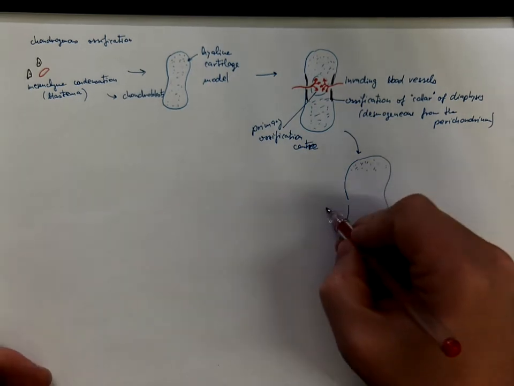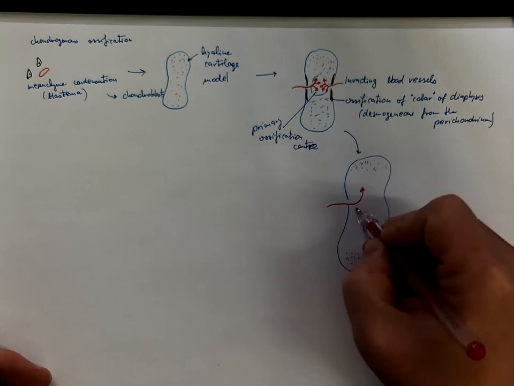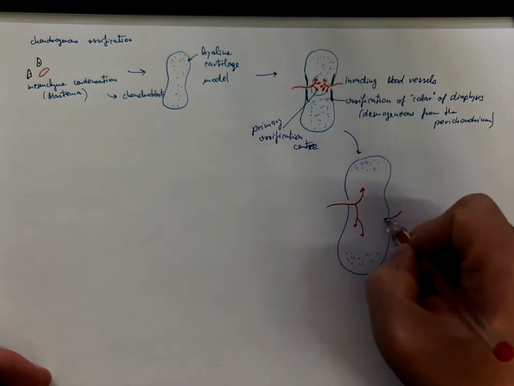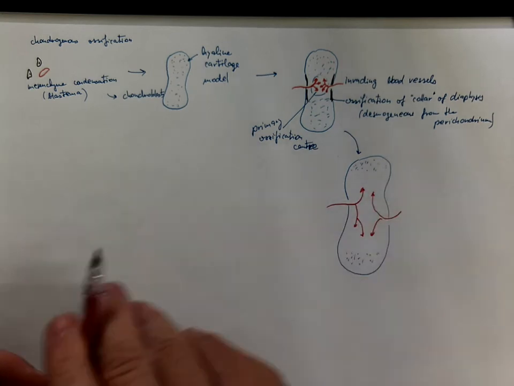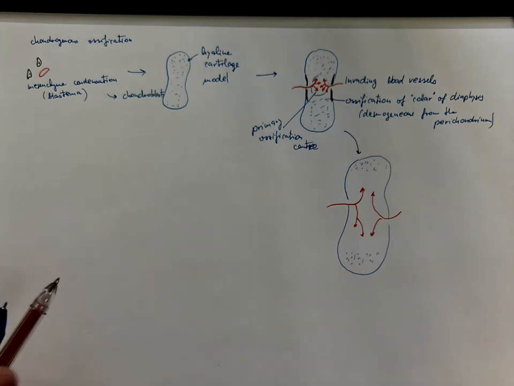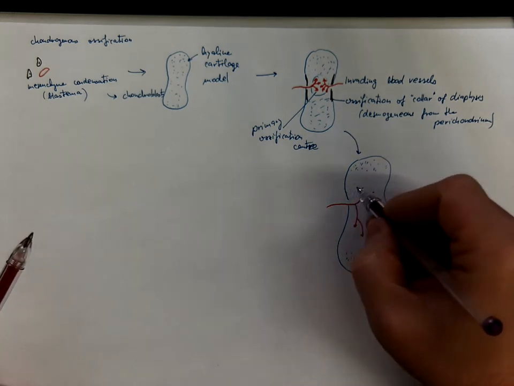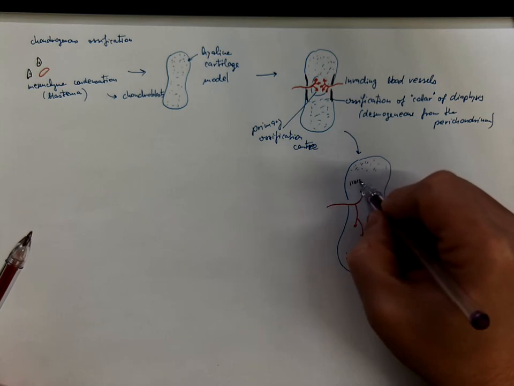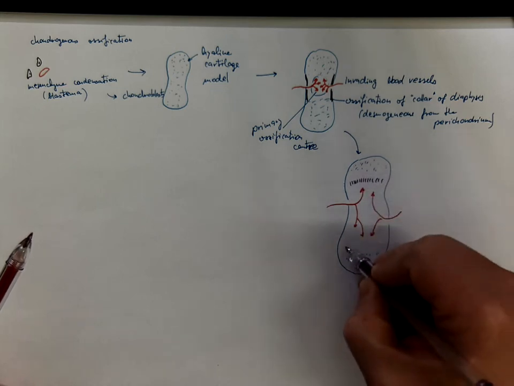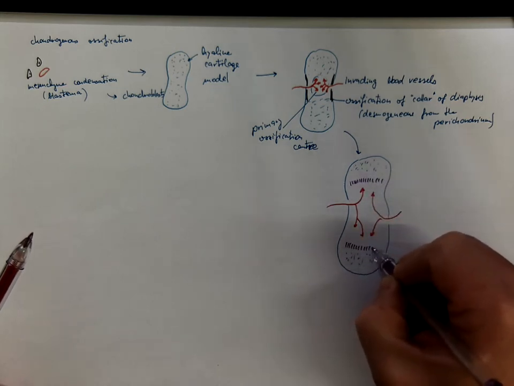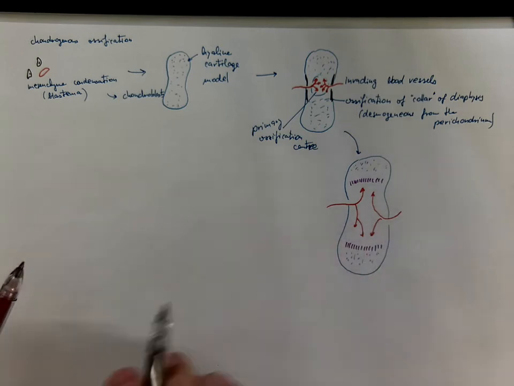There is an increasing medullary cavity here, resorption of the cartilage, and formation of the growth plate between the epiphysis and diaphysis.